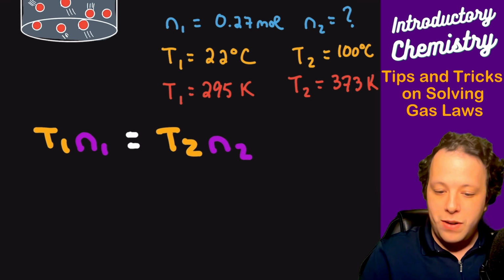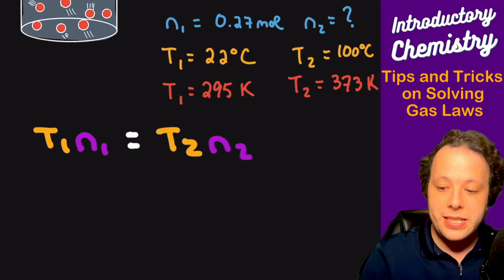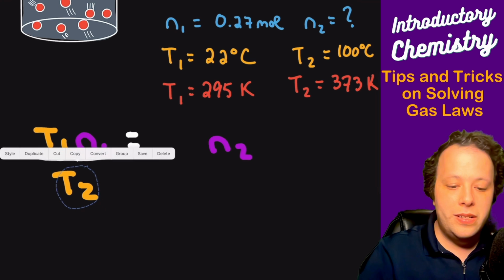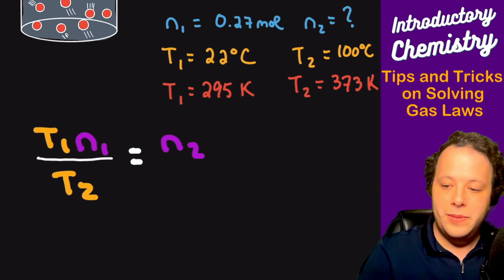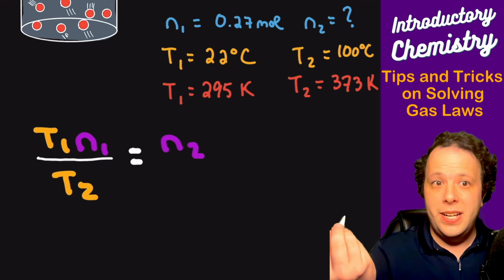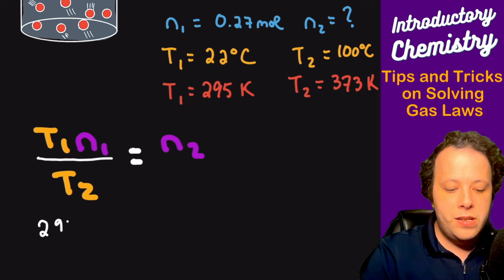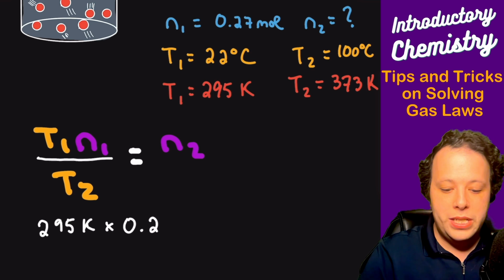So from that, what do we want to solve for? Well, we want N2 by itself. So we'll divide both sides by T2, effectively moving it over, and therefore getting our new formula. Okay, so let's plug in our values. T1 is 295 Kelvin, and we are going to be multiplying that by 0.27 moles.